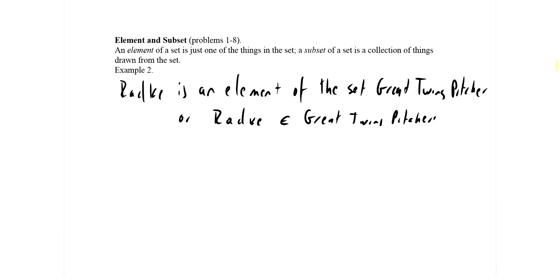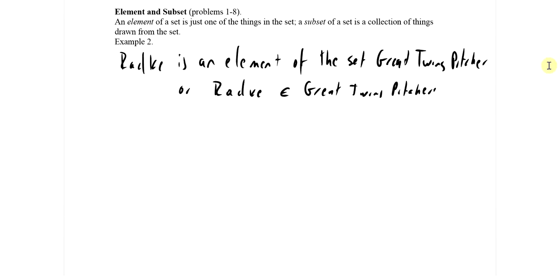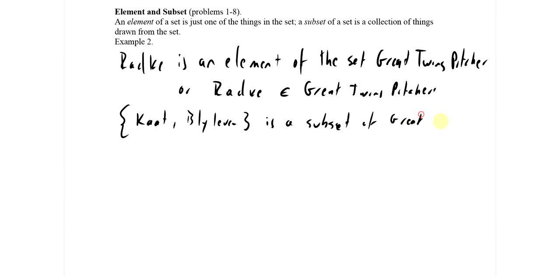If I pick more than one of the things that's in the set, so if we go back to great Twins pitchers, and suppose we say, okay, we want to talk about Cott and Blyleven, right? These are the two that pitched in the 70s, for example. Well, Perry pitched in the 70s too, but we'll go with Cott and Blyleven. Well, the set that consists of just Cott and Blyleven, that's what we call a subset of our collection of great Twins pitchers.